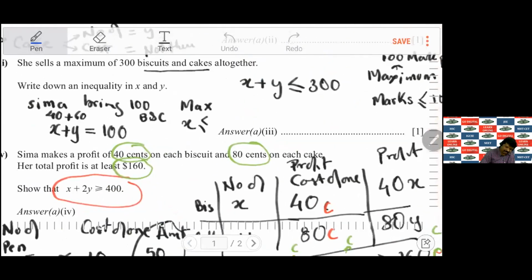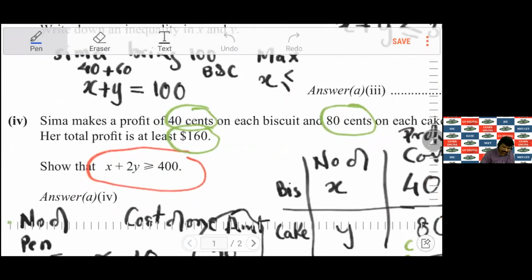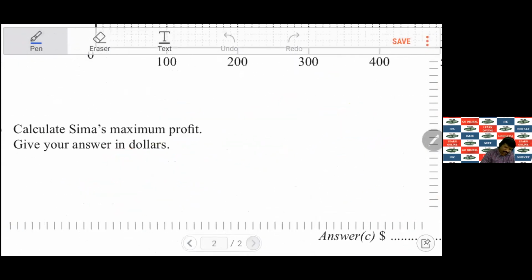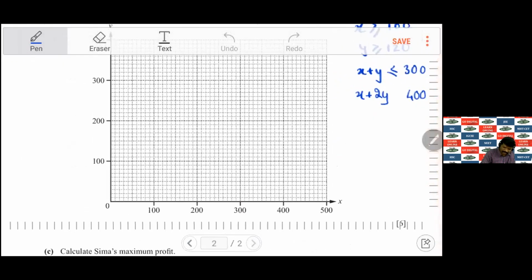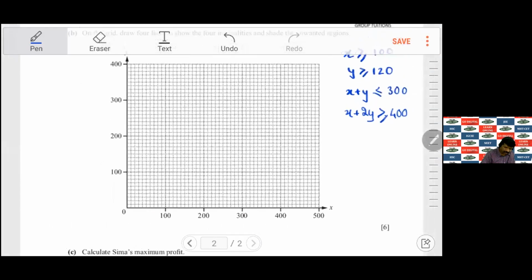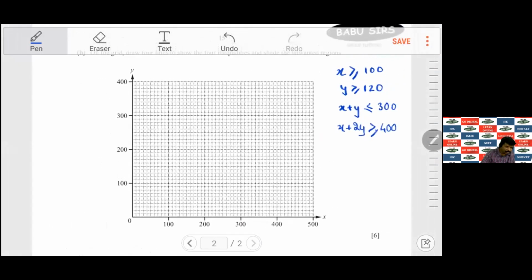See, it is here, greater or equal to. So X plus 2Y is greater or equal to 400. Now, you have to draw this on the graph.